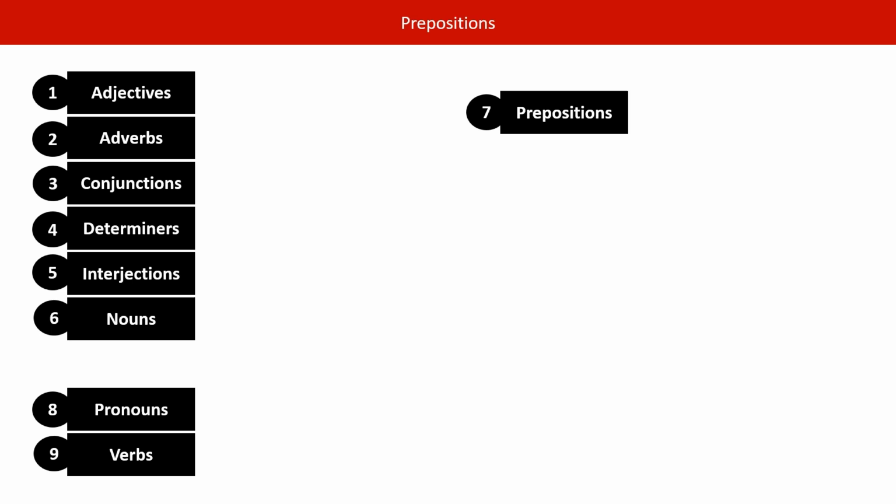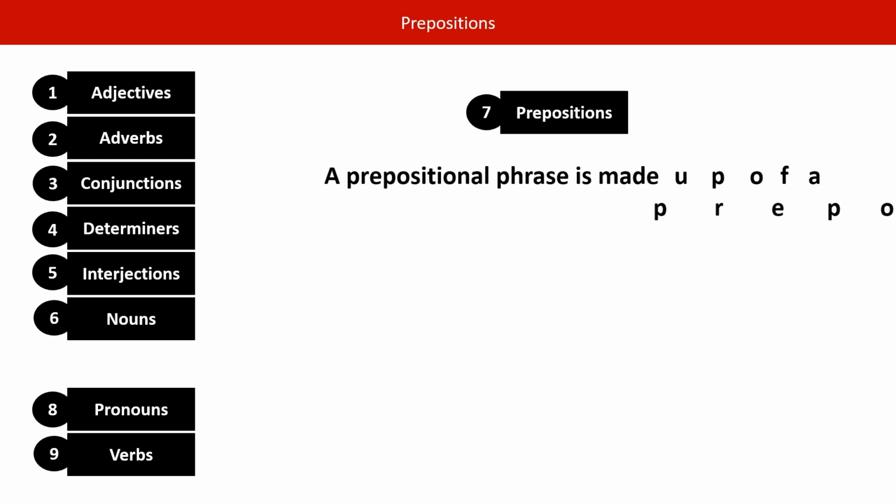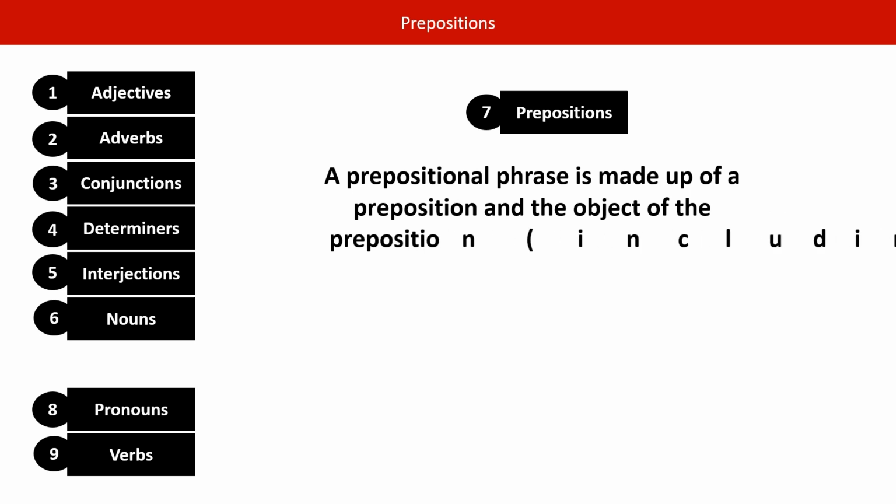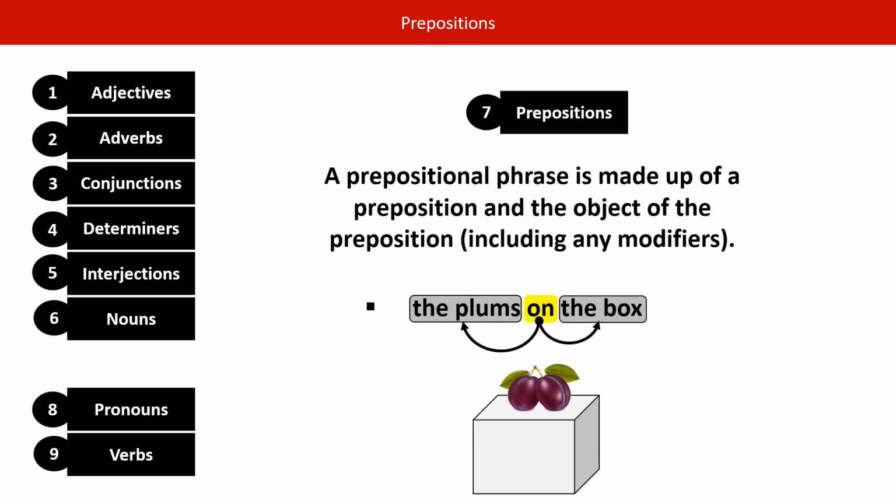The next thing I want to talk about is prepositional phrases. Here's a definition. A prepositional phrase is made up of a preposition and the object of the preposition, including any modifiers. Now that sounds complicated. Let's call up our first example. Well, we don't need those bits.